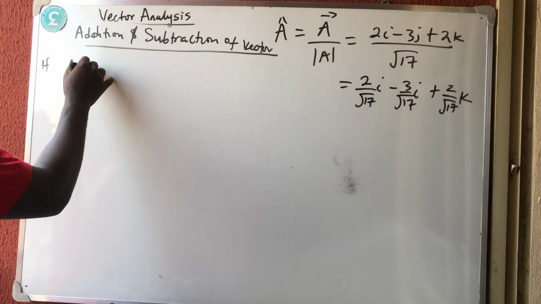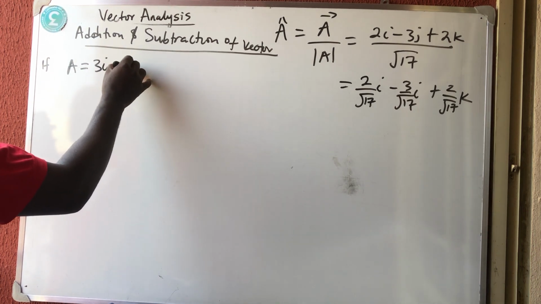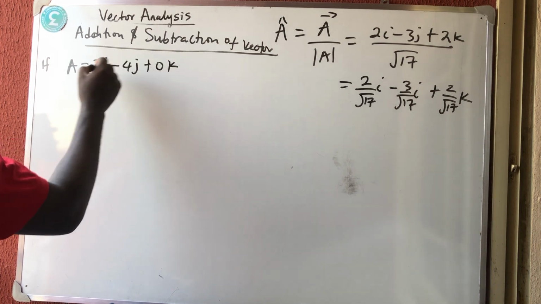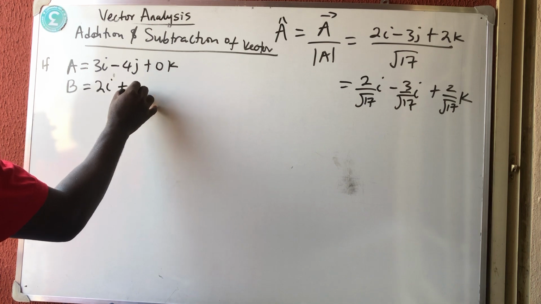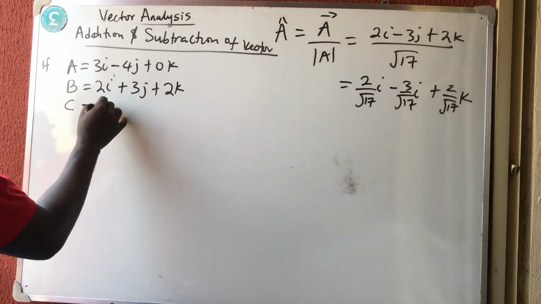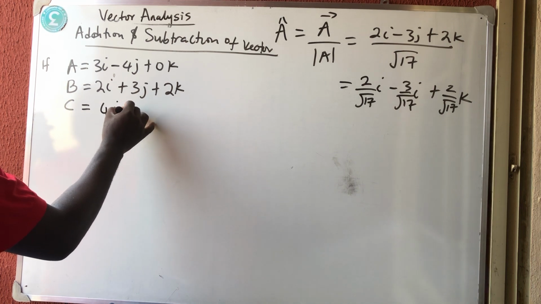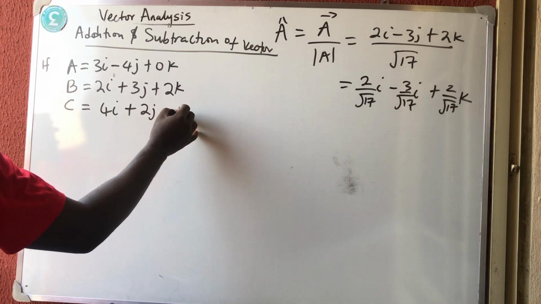vector A is equal to 3i minus 4j plus 0k, and the vector B is equal to 2i plus 3j plus 2k, and vector C is equal to 4i plus 2j minus k.